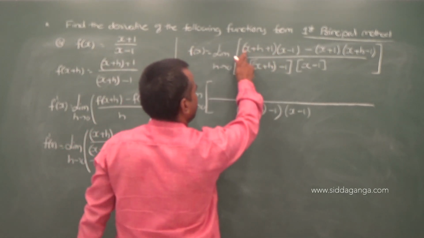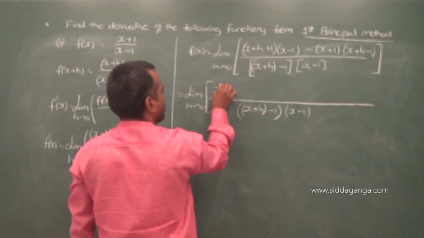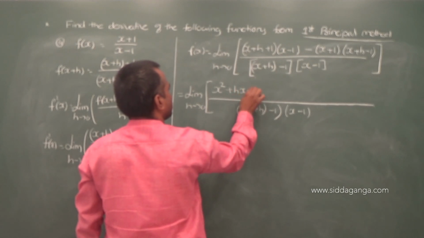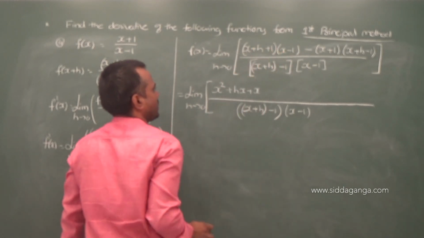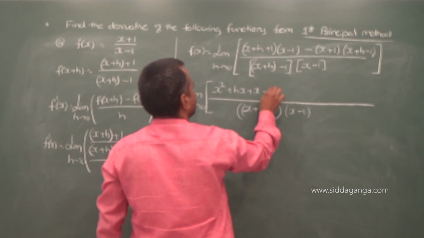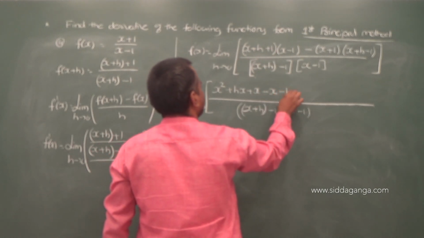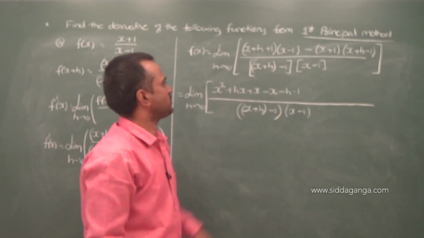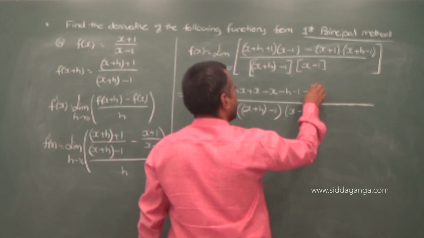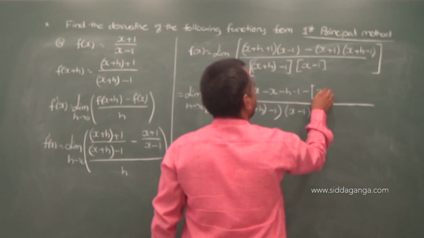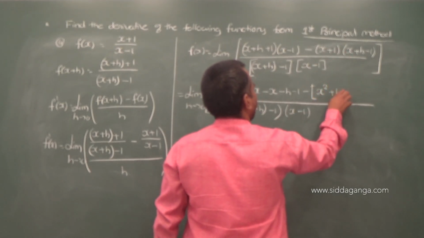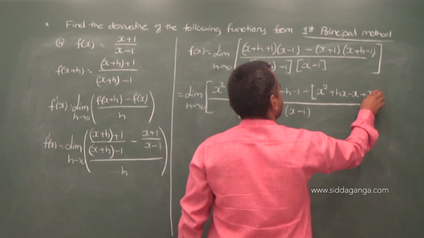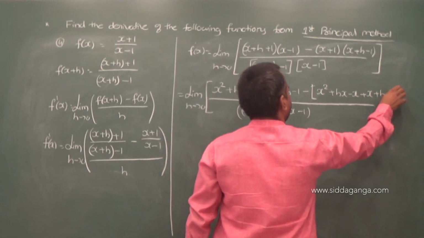In the numerator, multiply x into x, x square, plus h into x, plus x, x into 1, x. So minus x minus h minus 1, minus, x into x square plus hx minus x plus x plus h minus 1.